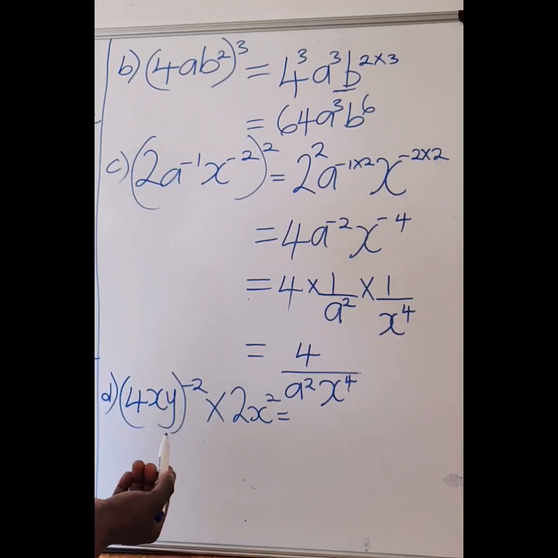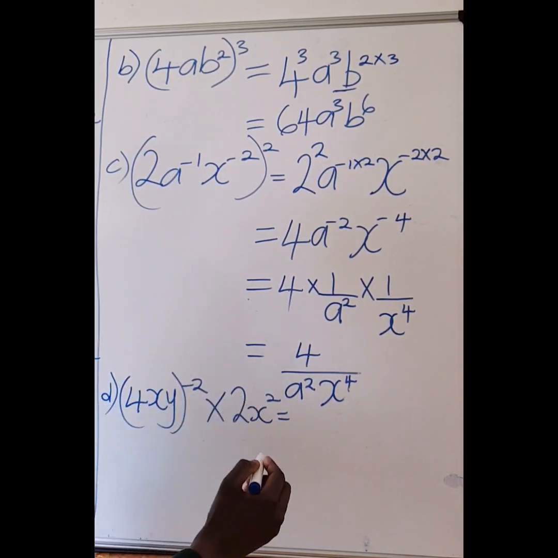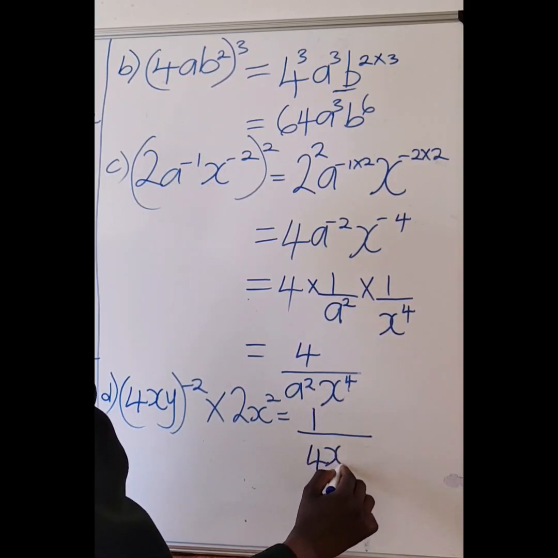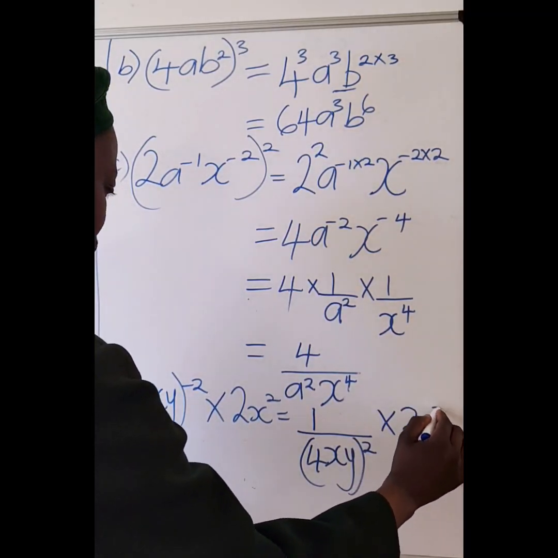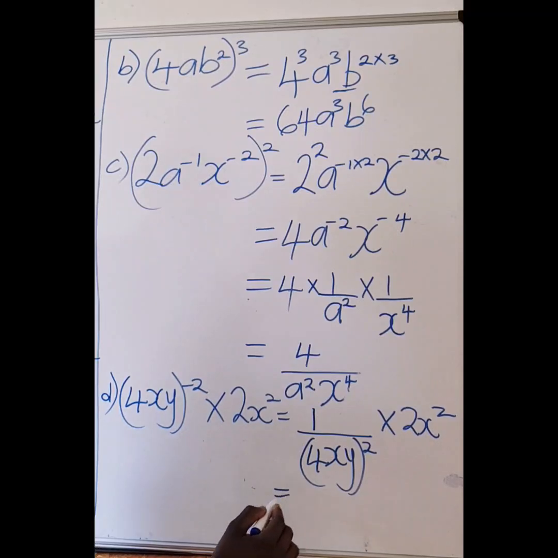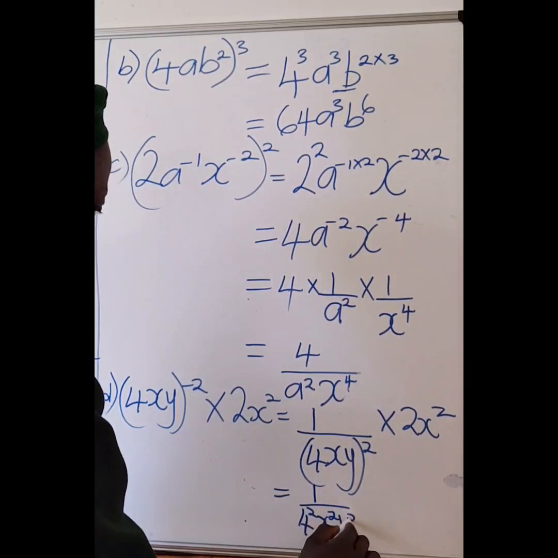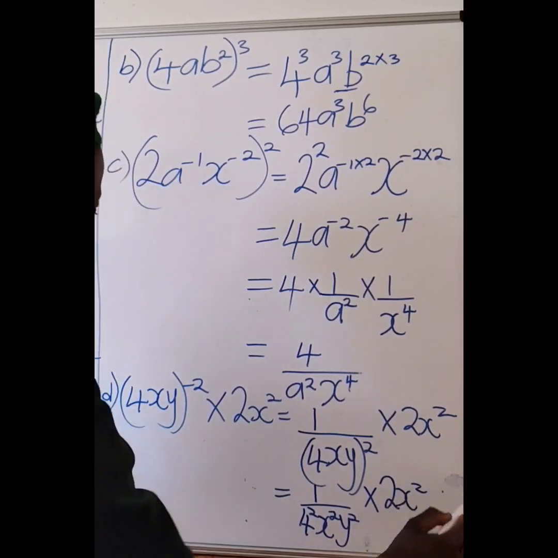I want to apply the negative power first, which will make it 1 over 4xy all raised to power 2, multiplied by 2sx squared. And also 1 over 4 raised to power 2, x raised to power 2, y raised to power 2, multiplied by 2s, x raised to power 2.